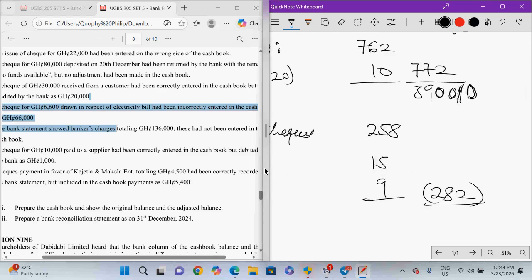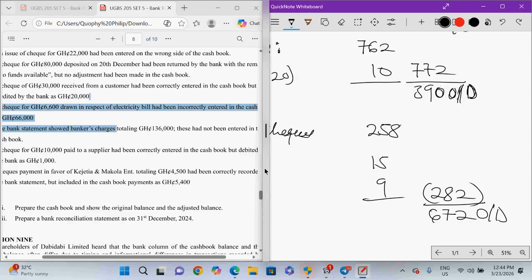So negative plus negative, what do we have? Negative 672.